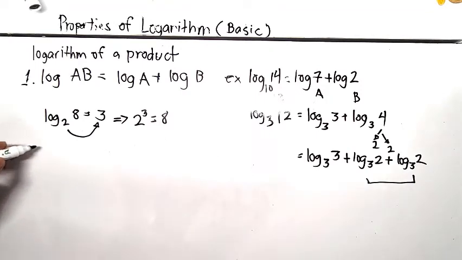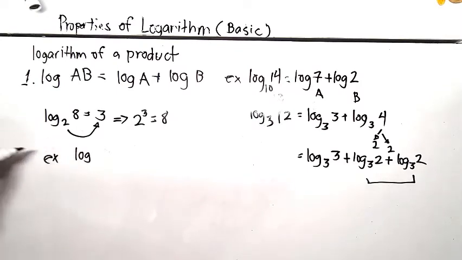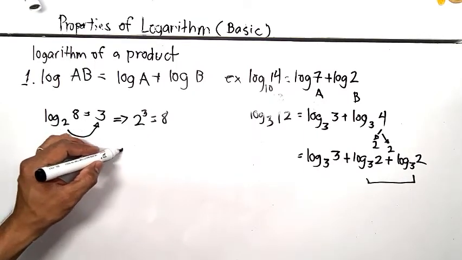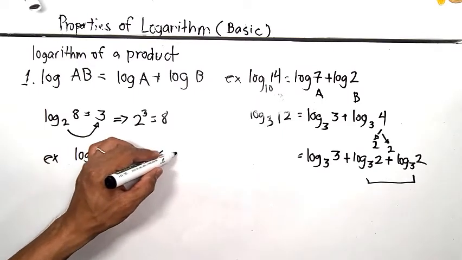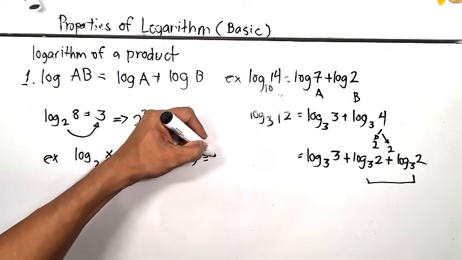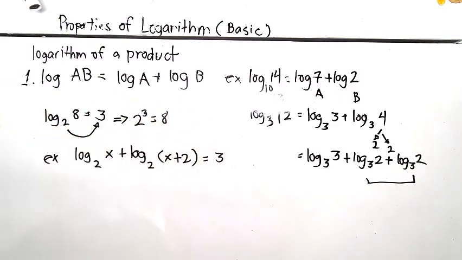So what is an example of that? Let's say we want to solve this: logarithm to the base 2 of x plus logarithm to the base 2 of x plus 2 is equal to 3.